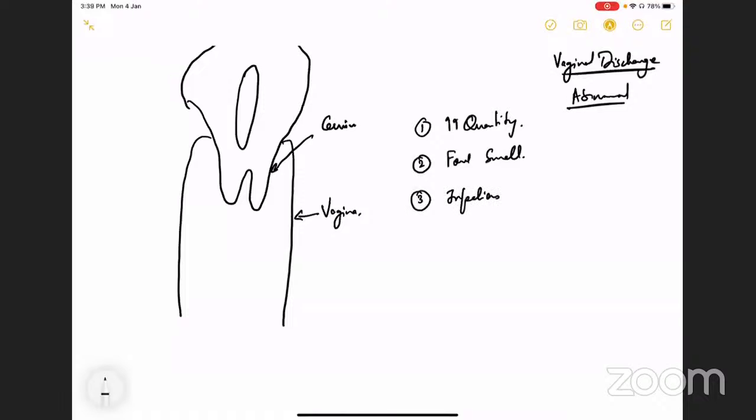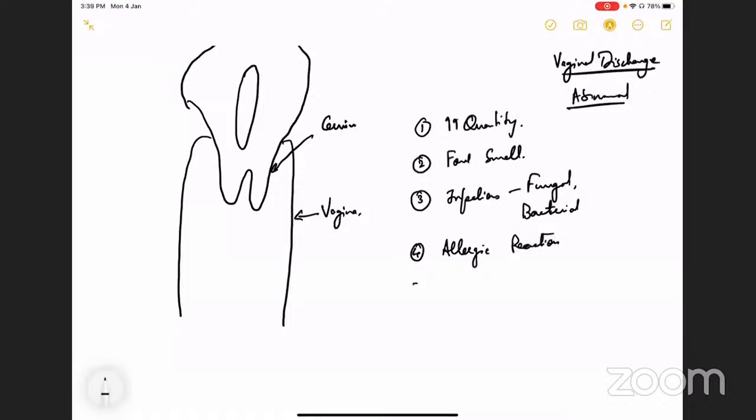That means it could be a yeast or fungal infection, or, as we know, a bacterial infection, which is very common. The fourth thing is that quite a lot of times it could also be an allergic reaction.